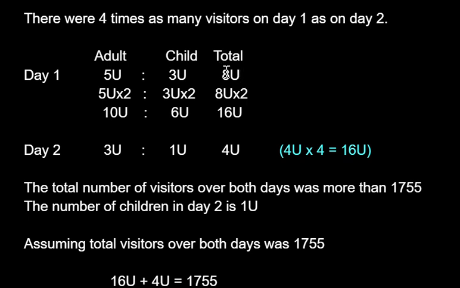Now you know that your day 1 is only 8. How do you make it to 16? I multiply by 2. In the ratio table, the moment I multiply one of the items by 2, everything has to be multiplied by the same. So 5 times 2 gives me 10, 3 times 2 gives me 6, and 8 times 2 gives me 16. So this is your new table.